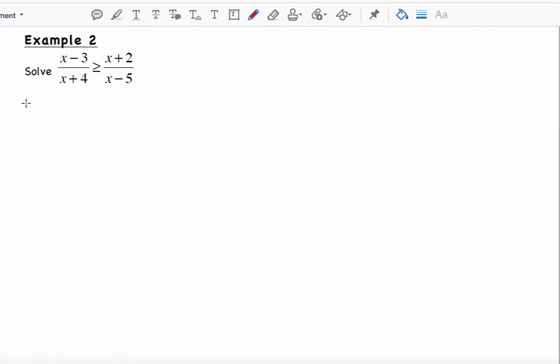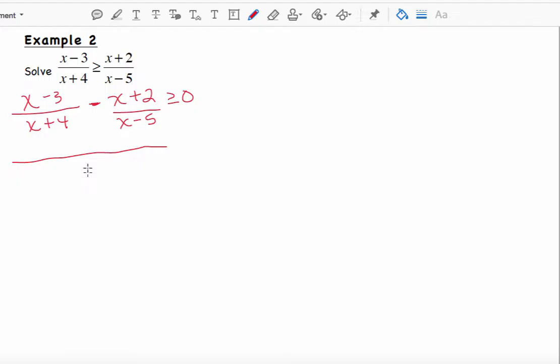So let's go ahead and move everything to one side. I'm going to subtract that second fraction from the right side and bring it over. And then I need to find a common denominator and combine my fractions together.